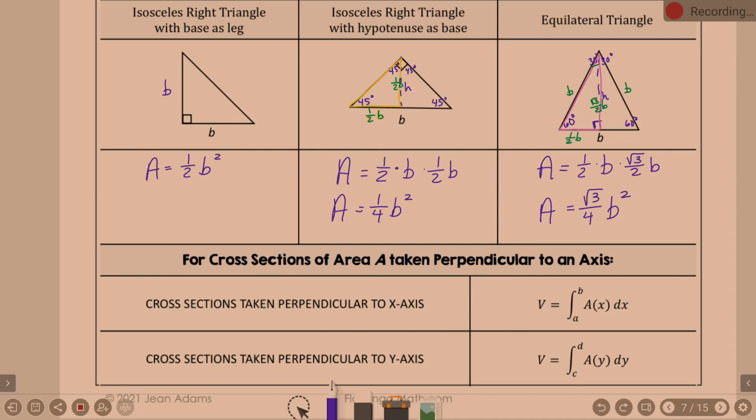I feel like it was in my pre-calc notes when I talk out of the Saxon book. I don't remember, but that is the area of an equilateral triangle with side length B.